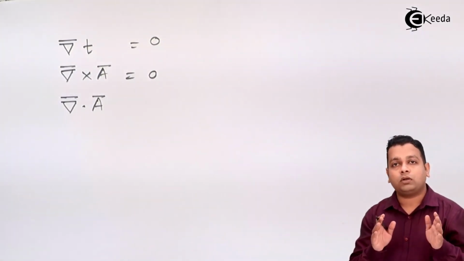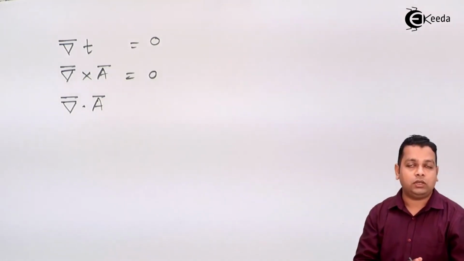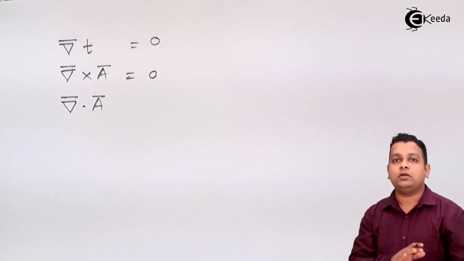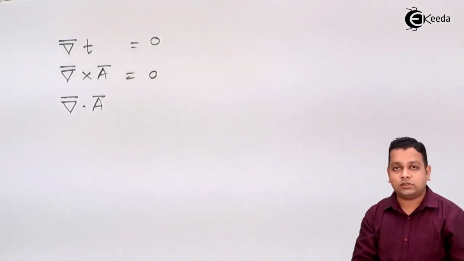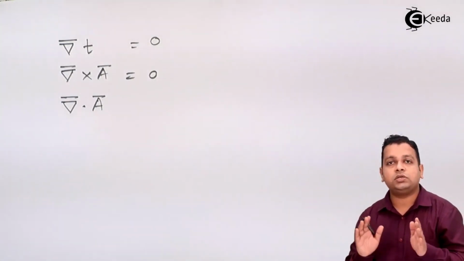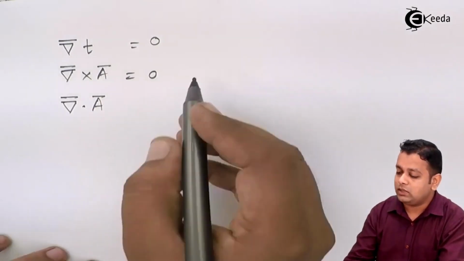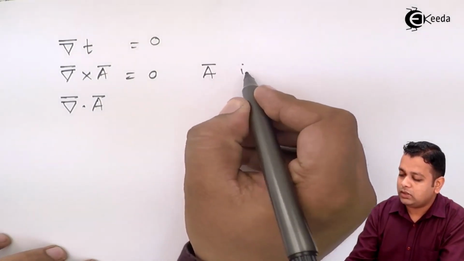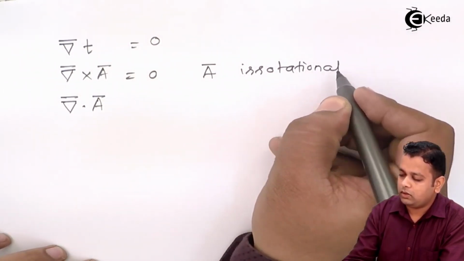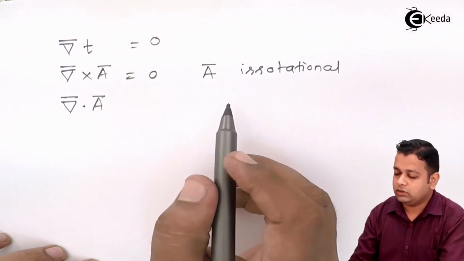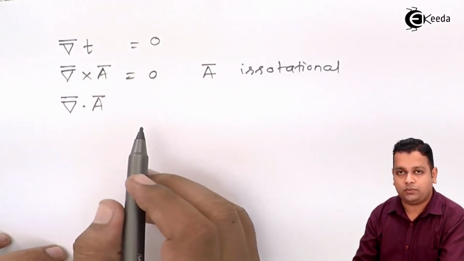Curl is for the physical interpretation of rotation. It means the vector A does not have any characteristics to rotate in the three-dimensional space. So here rotation is absent, and in that case A bar is called an irrotational vector, or if A bar is any field, it is an irrotational vector field.